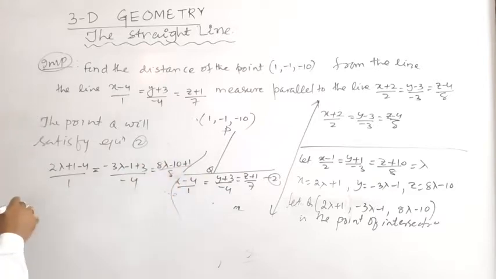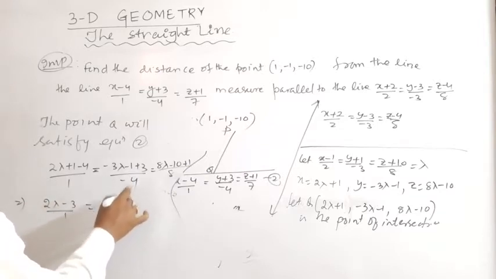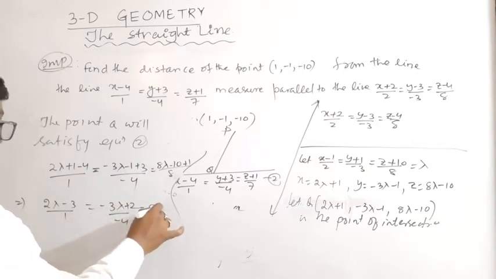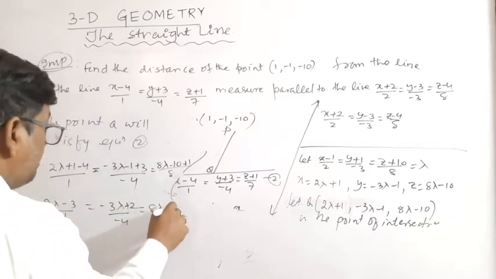So simplify this: (2 lambda minus 3)/1 = (minus 3 lambda plus 2)/(minus 4) = (8 lambda minus 9)/8.